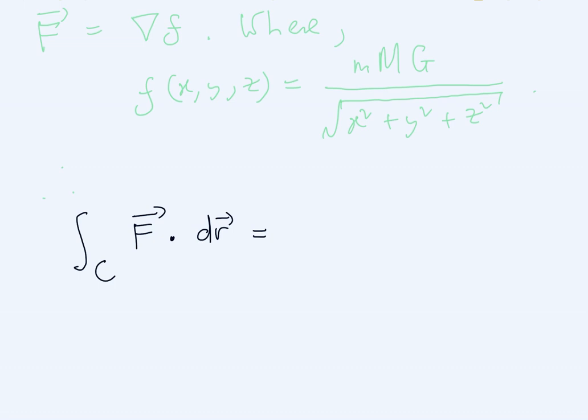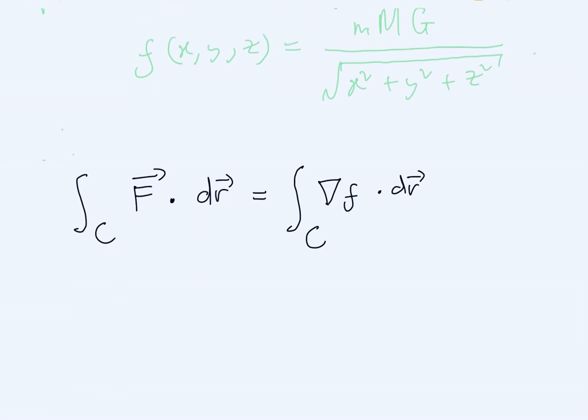So what we can say is that this is equal to the integral of the gradient of f along this curve C, dot dr. We know that it's conservative, that F is equal to grad f, so we can just write it this way.